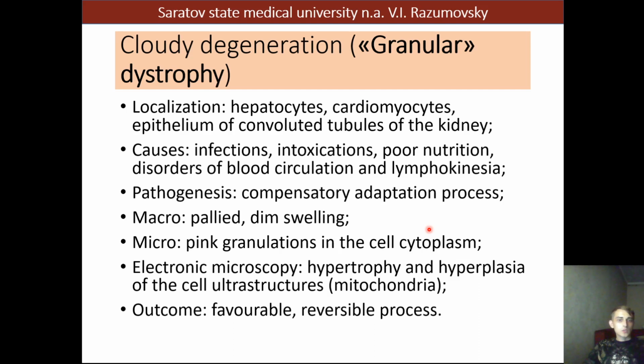Mostly the outcome is favorable. Sometimes it is an irreversible process, if the pathological agent, the damaging agent, has a long duration. If the pathological factor has long duration, cloudy degeneration will lead to hyaline-like degeneration.